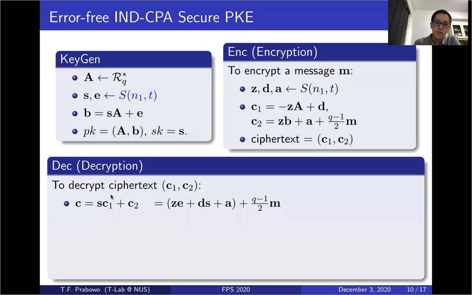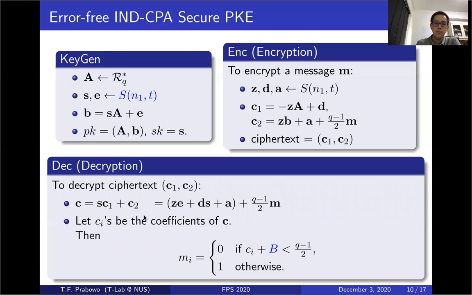So the decryption is as follows. Once you have C1, C2, and you have the secret key S, you just compute C as C1 plus C2. B is something that I will explain later on. So the decryption is about C. C is an element of Rq.